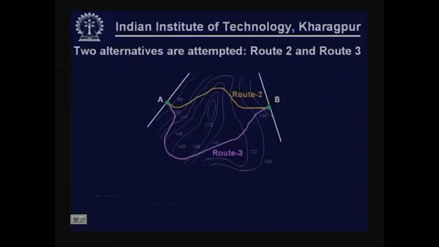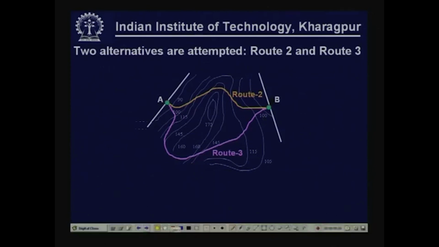So, we now explore other alternatives, called route 2 and route 3. I have shown them here. You can see that we have not taken a route similar to the earlier one. The earlier one was something like this, and we know any similar route will also not be acceptable. So, we cross the contour over a longer length.